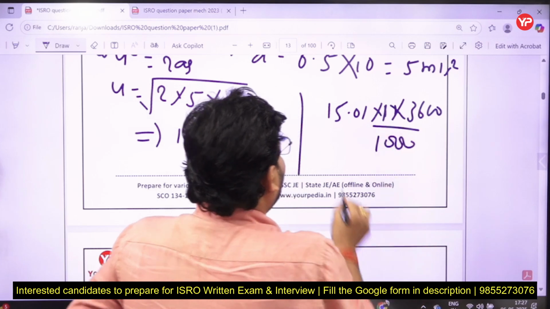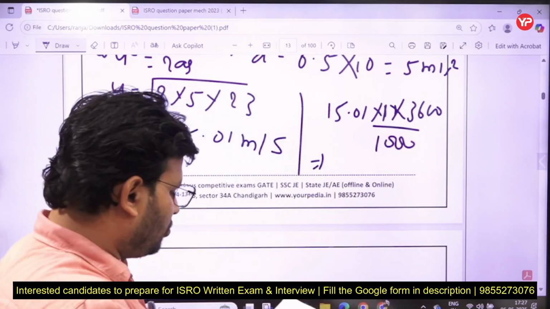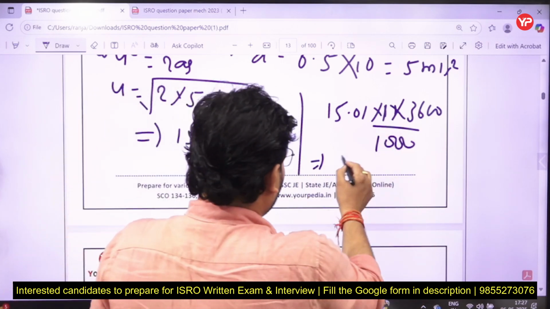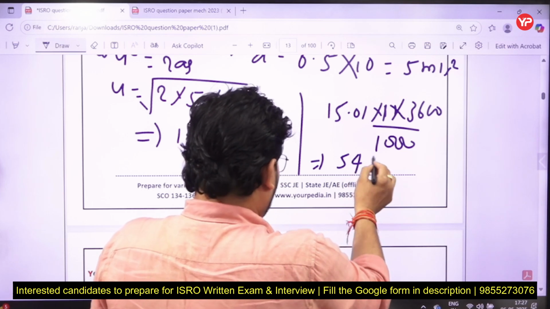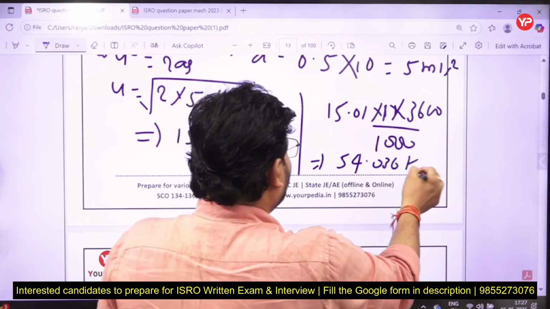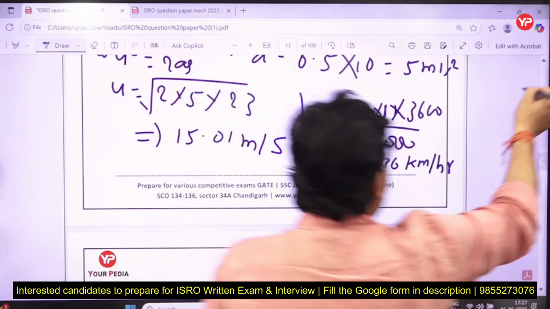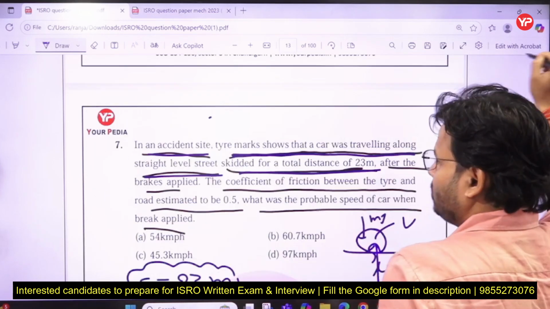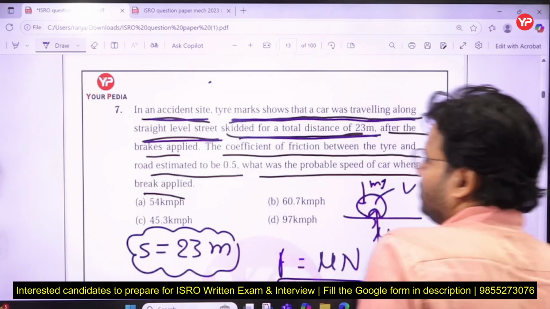By solving that, it comes out to be approximately 54.036 kilometer per hour, so about 54. The answer is A for apple.